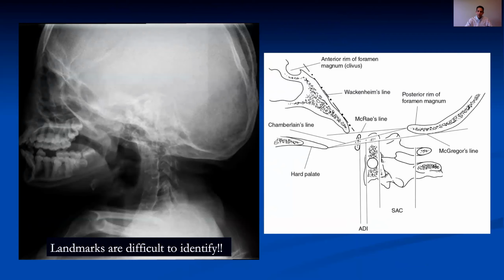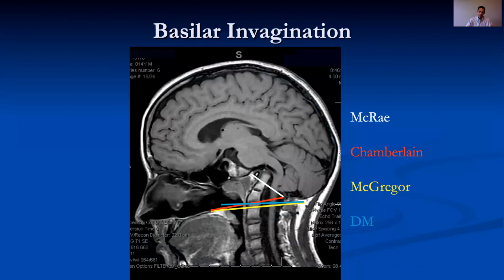So because the landmarks on the X-ray are difficult to identify, we think that MRI is the next best test. The next series of pictures are MRIs with various lines, and you see it's much easier to look at an MRI scan and draw these lines and become much more definitive about the diagnosis of basilar invagination.